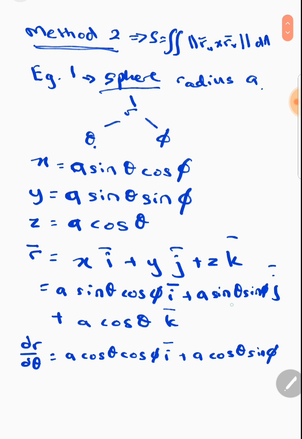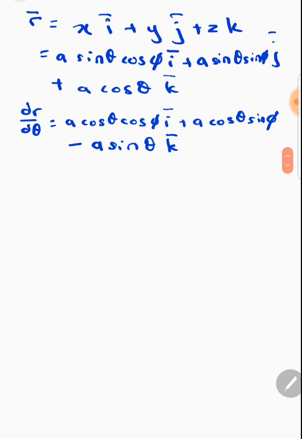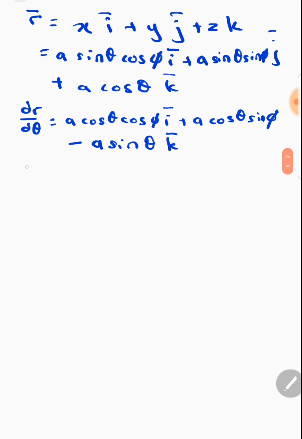You can see, the differentiation of sine theta is just cos theta. And minus a sine theta k, because differentiating cos gives negative sine. So this is what I have for my dr over d theta.